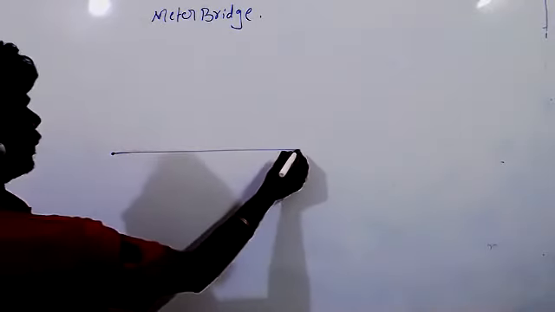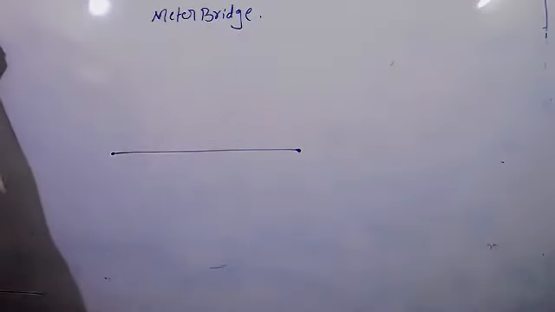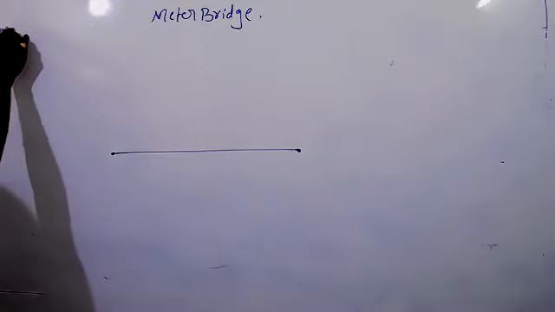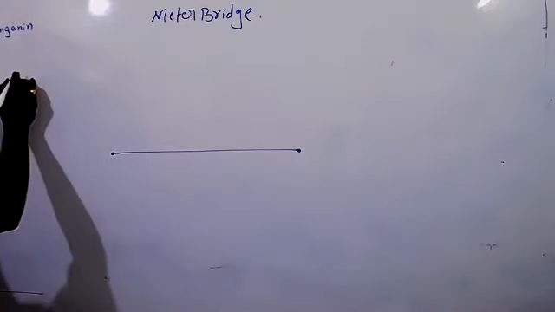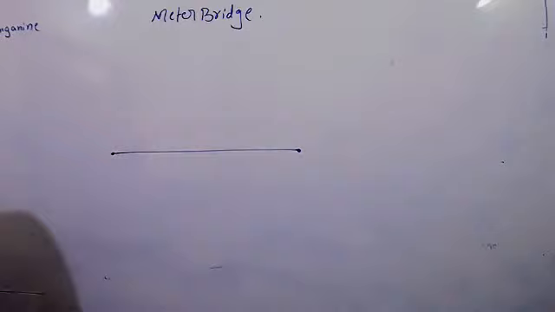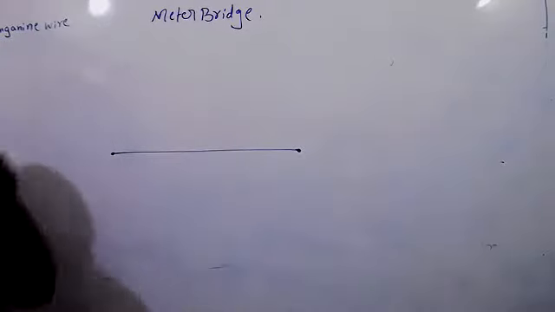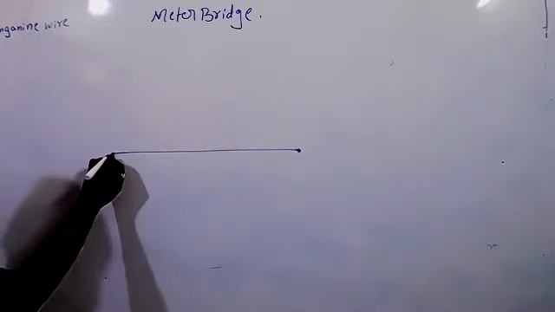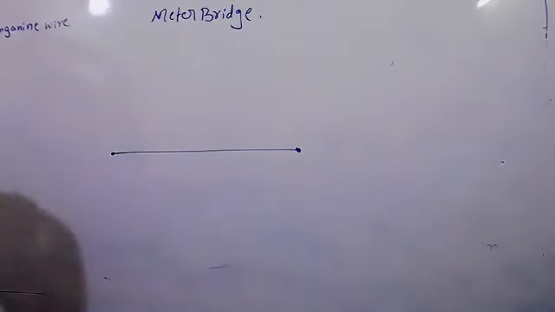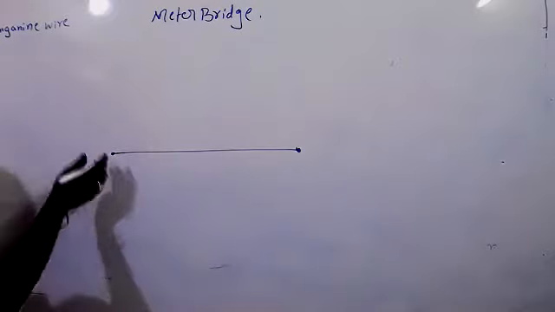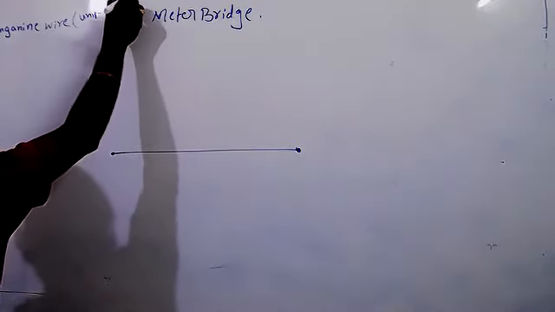This wire is manganese, an alloy of manganese. It is one of the alloys. Second, it will consist of copper strips. This wire has a uniform cross section.